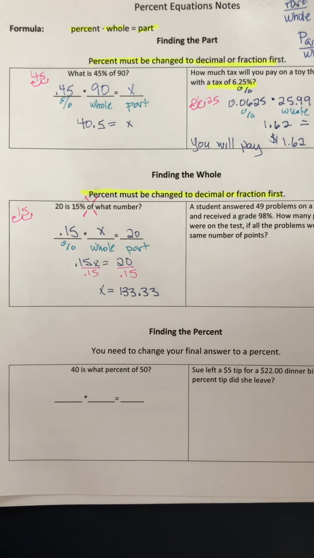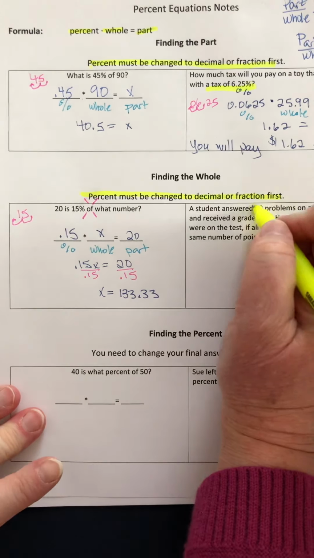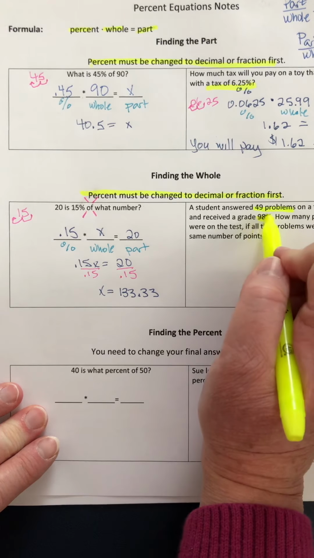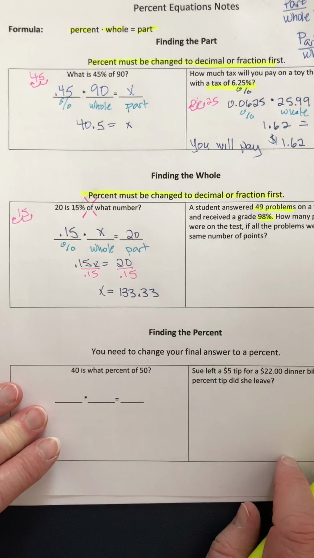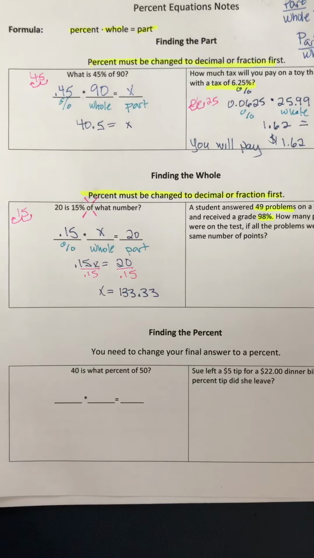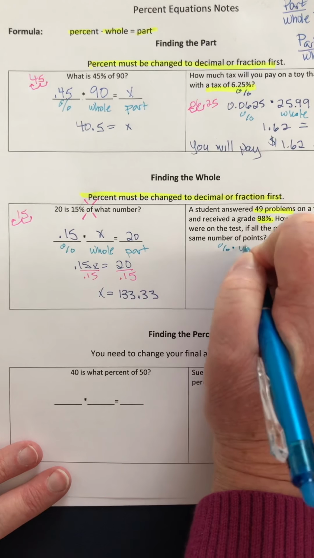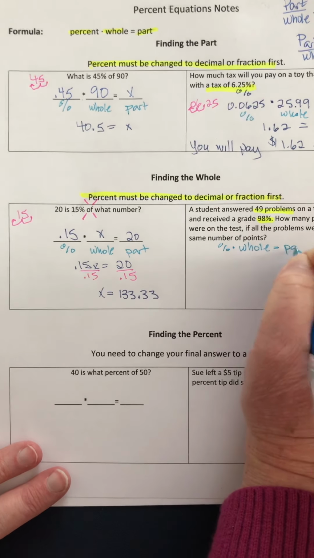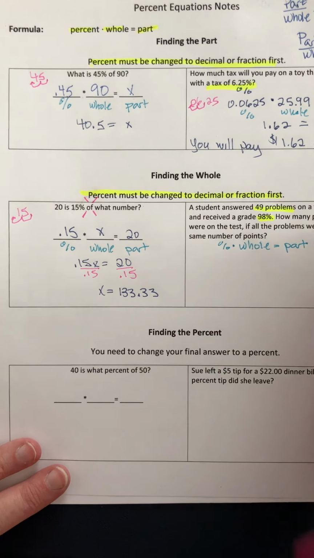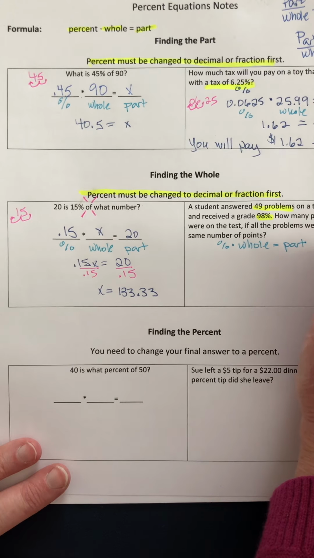Okay, my next word problem. A student answered 49 problems on a test correctly. So I got 49 correct and received a 98%. How many problems were on the test? Okay, so here I don't know the total. So I have my formula, percent times my whole equals my part. 98 is my percent. I know all I have to do is swoop twice to get my decimal.